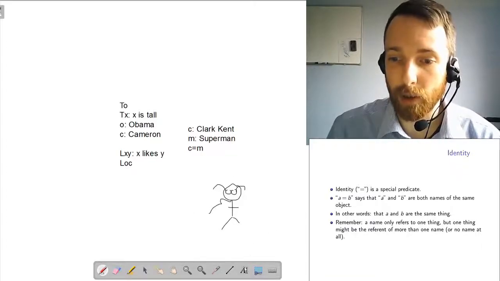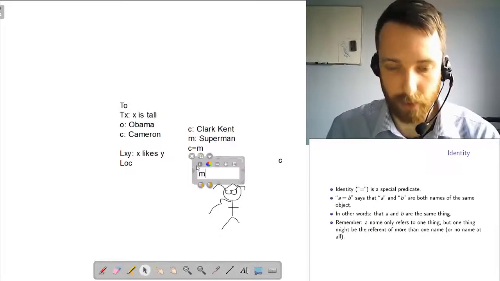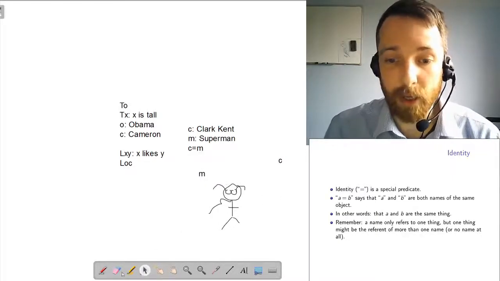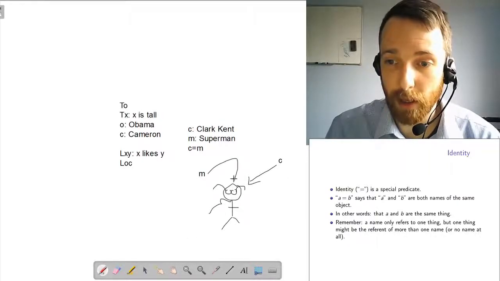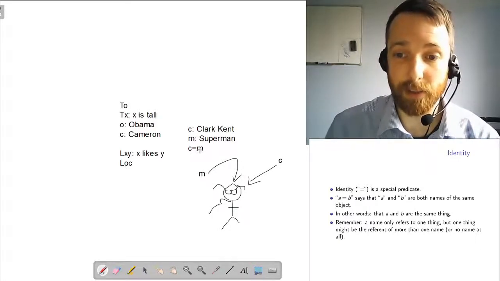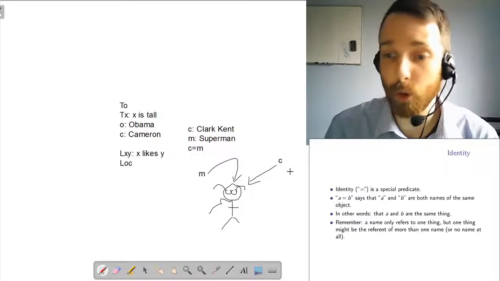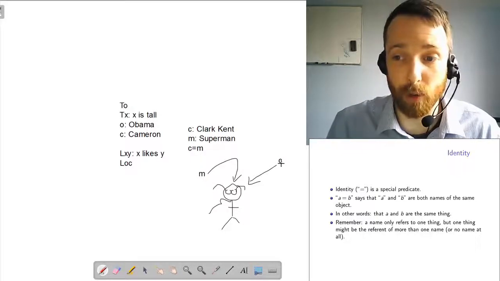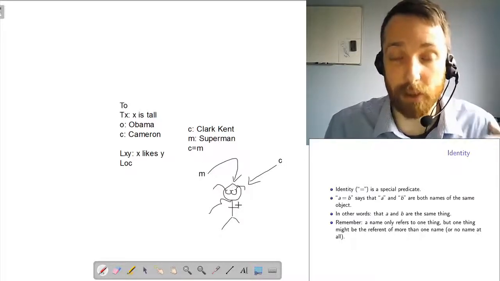So we have the names C and M. The picture we've got here is C is the name of this person, M is also a name of that person. That's fine. When I say C equals M, I'm saying when you go look at which object, which person out in the world, the name C picks out, and which one the name M picks out, it's going to be the same person.